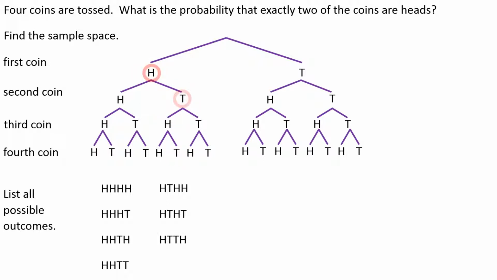If I tried to list all the outcomes without using a tree, I would probably miss a few. Because if you look closely, you'll realize that none of these are duplicates. Every possible outcome here is unique.